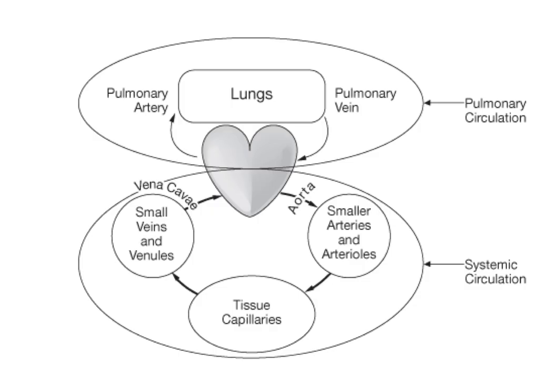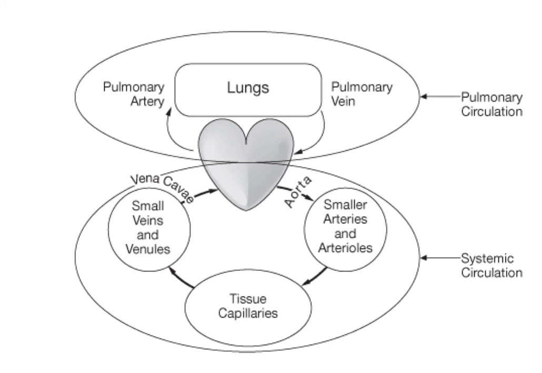This slide is another representation of pulmonary circulation and systemic circulation. What you really need to know here is that the pulmonary veins take oxygenated blood to the heart, and the pulmonary artery takes deoxygenated blood to the lungs. Okay, arteries take blood away from the heart, and veins take blood to the heart.